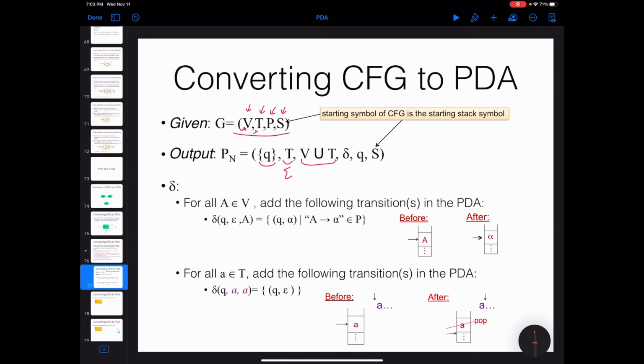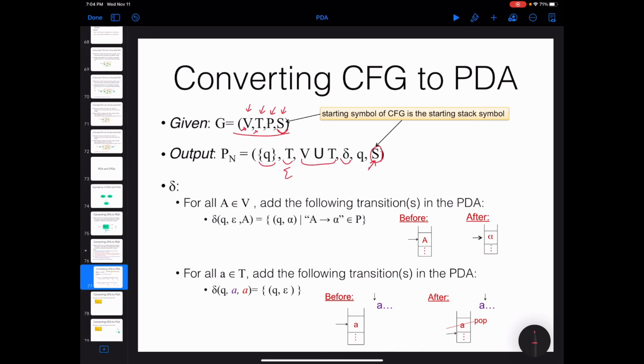We are going to define this transition function, and what else do we have? We don't actually have an accepting state. This pushdown automata is going to accept by empty stack, and the initial token of the stack is going to be S. Note that S was the starting symbol in our grammar as well.